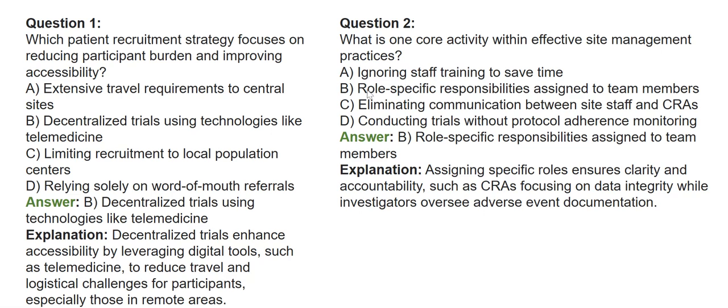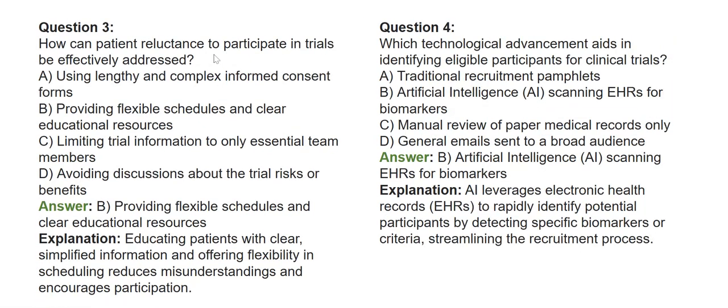So it is B, as role-specific responsibilities assigned to team members. Assigning specific roles ensures clarity and accountability, such as clinical research associates, CRAs, focusing on data integrity while investigators oversee adverse event documentation, AE documentation.